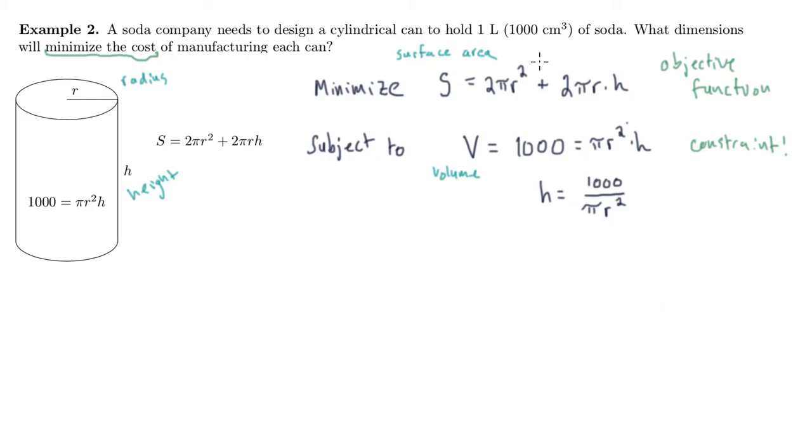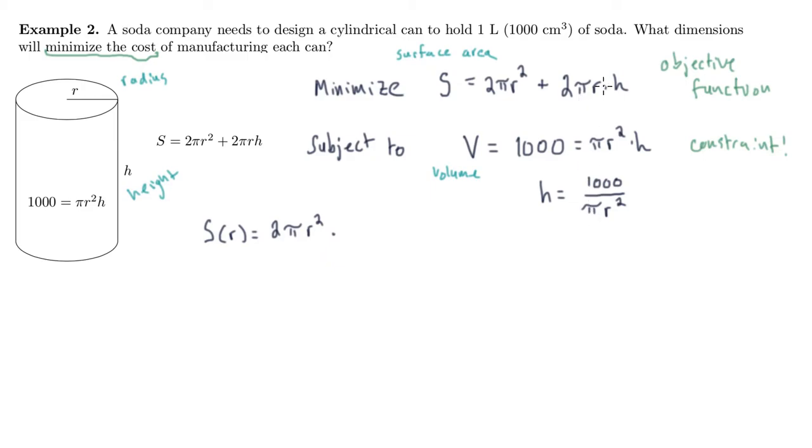Okay, and let's plug that in. So now we have S of r is equal to 2 pi r squared times, if I plug this in for h, 2 times 1,000.